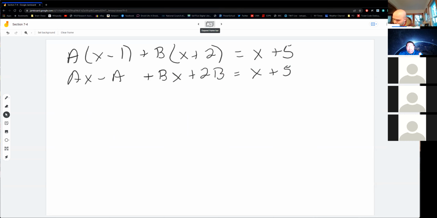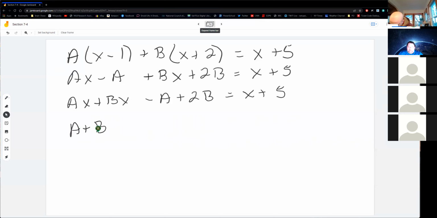Now I'm going to put the x's together and the numbers together. So I have ax plus bx and negative a plus 2b. So this right here with the x's, the a plus b, has to equal my x piece.